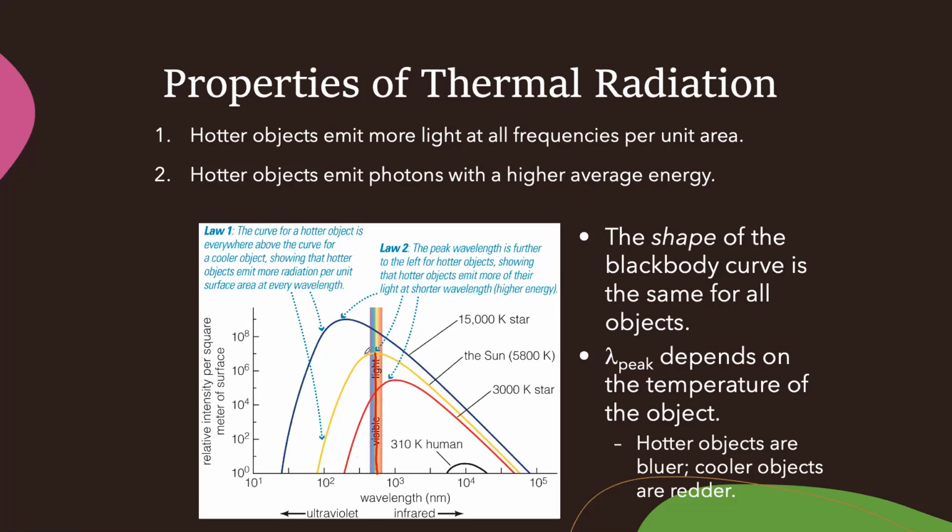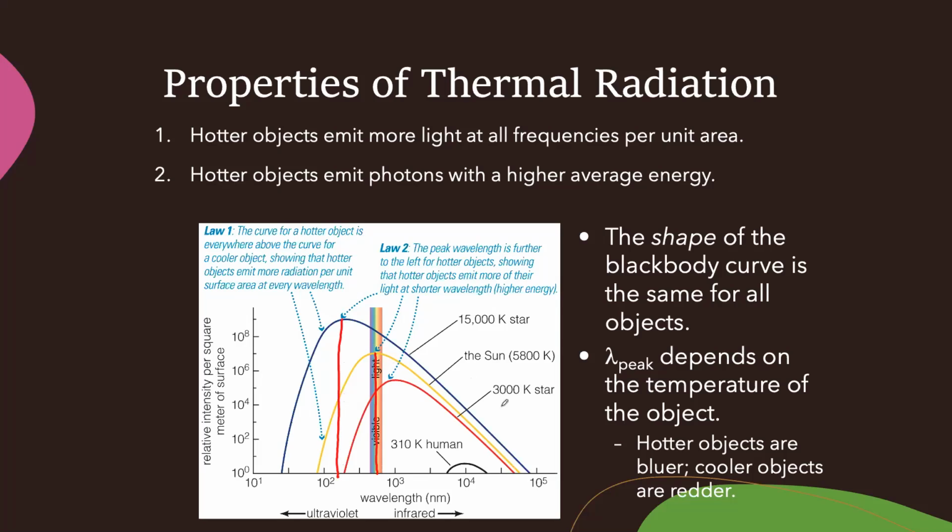The wavelength that the sun emits the most of is smack dab in the middle of the visible light spectrum. And we're going to get to why that's important in just a second. And then you have this 1500 Kelvin star, which is way hotter, almost 3 times hotter than our sun, whose peak wavelength is in the ultraviolet.